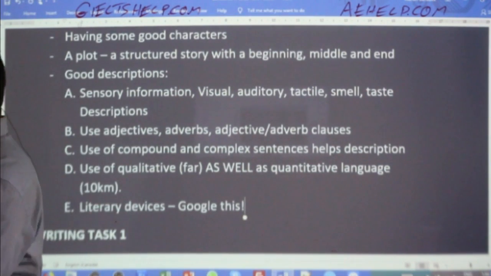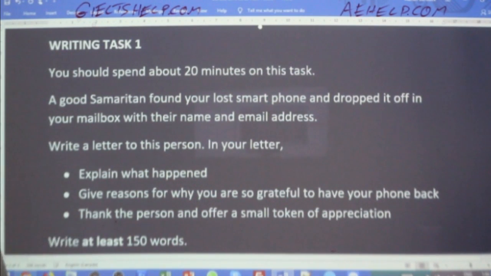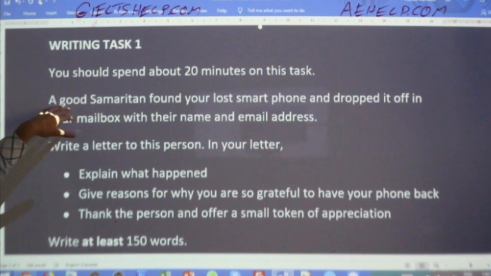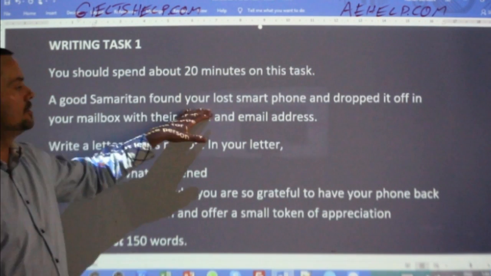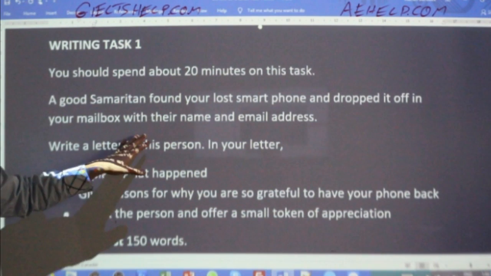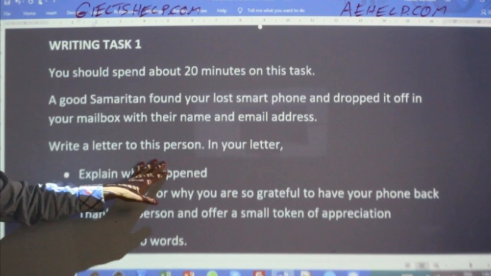All right, let's take a look at our question. You should spend about 20 minutes on this task. A good Samaritan found your lost smartphone and dropped it off in your mailbox with their name and email address. Write a letter to this person.